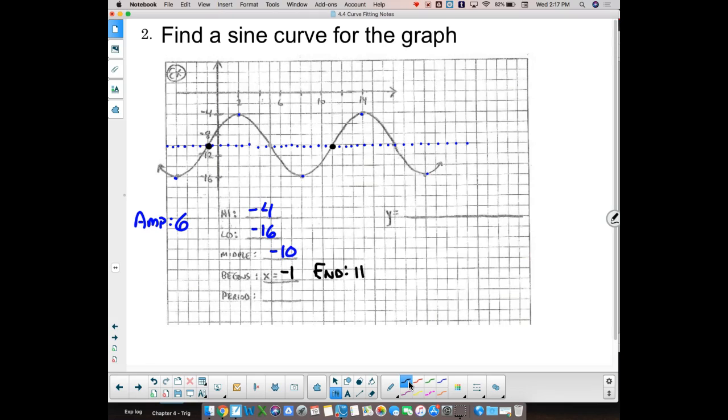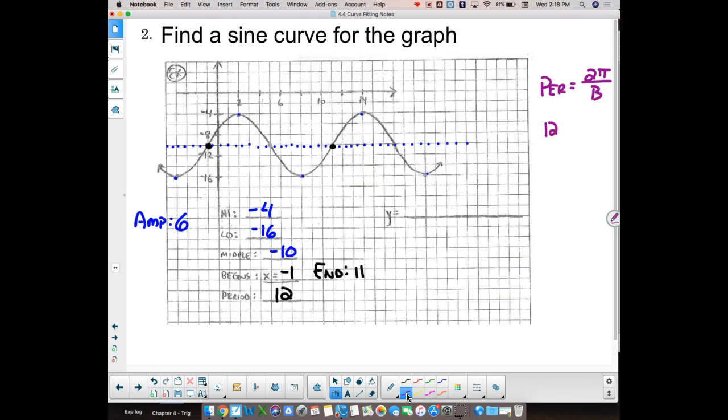Right? Which makes then my period be how much? My period then is 12. Now, the period being 12 is important because the period is equal to 2 pi divided by b.